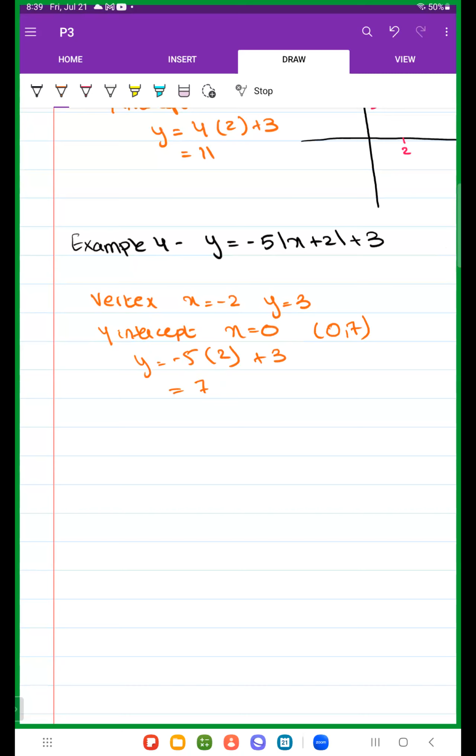All right. So this is something that we need to see. This is the modulus chapter. This is what it's all about. The sign. Okay. And your y-intercept would be this and A is negative. So this would be the shape.